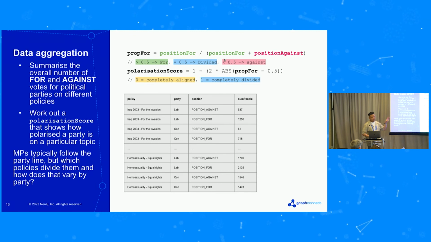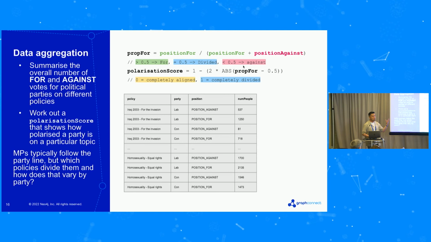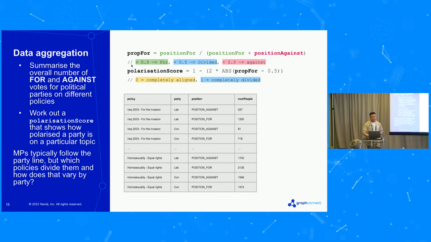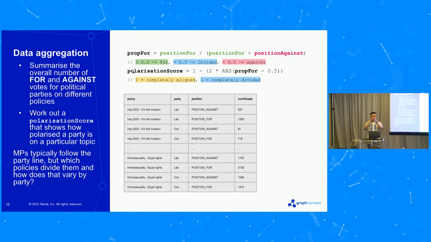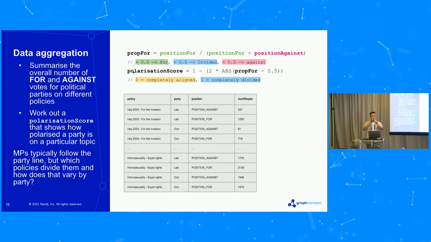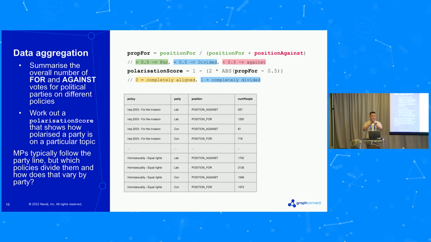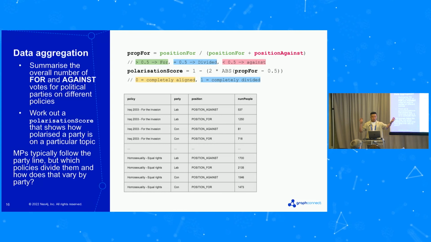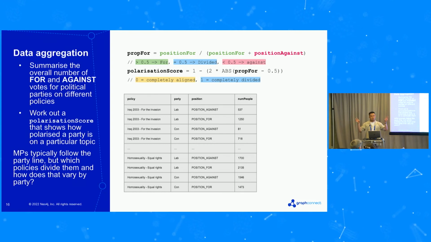And if this is less than 0.5, that means the party is overall against. If it's equal to 0.5, that means it's equally divided. If the value is closer to 0.5, that means this policy is more polarized. But if the value is distributed near 0 and 1, that means the party is more aligned.